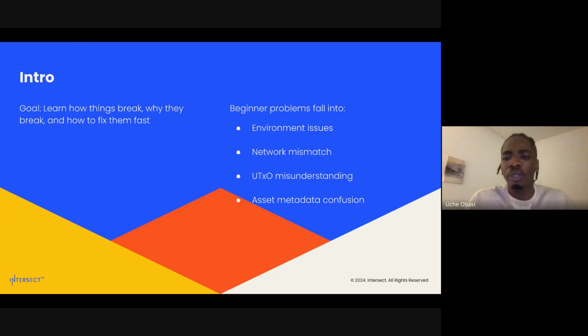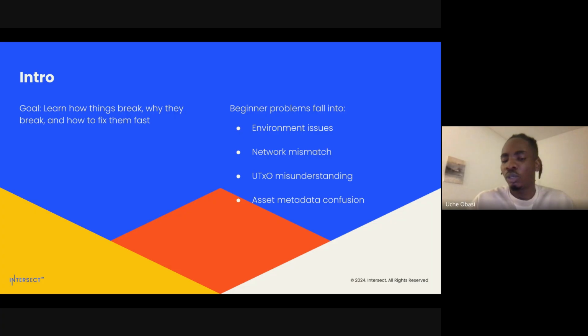So some of the beginner problems that people fall into are things like environmental issues, right? Maybe you're expected to run this on Node version 12, but then you're running Node version 10 on your machine. Things like that.